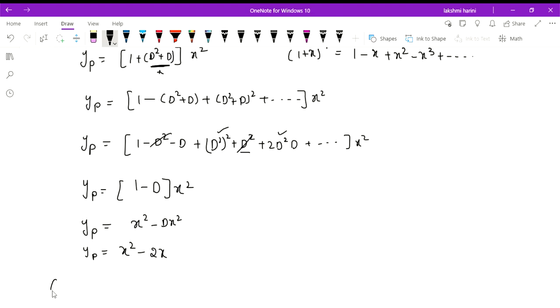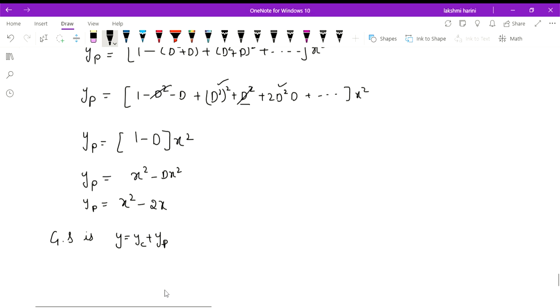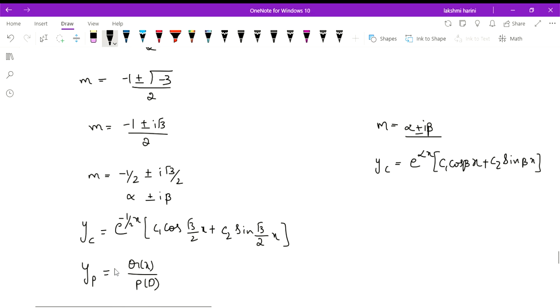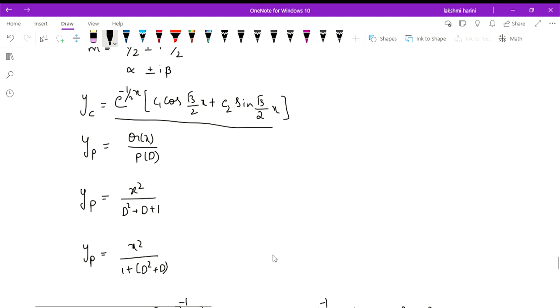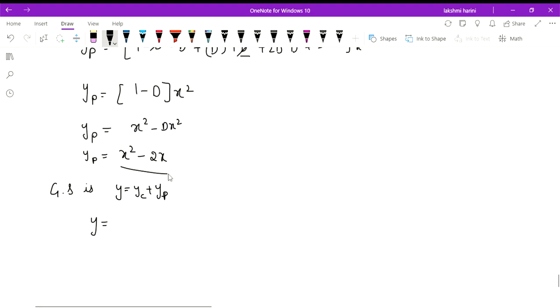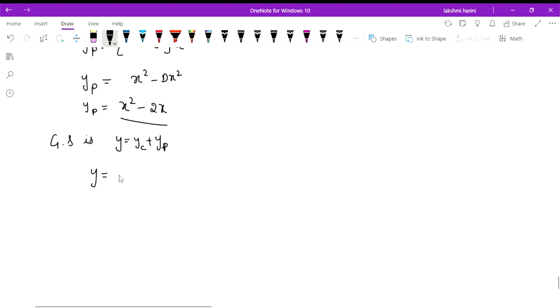Now we write the general solution: y is equal to yc plus yp. We found the yc value and the yp value, so y is equal to e power minus 1 by 2 x into (c1 cos root 3 by 2 into x plus c2 into sin root 3 by 2 into x) plus x square minus 2x.